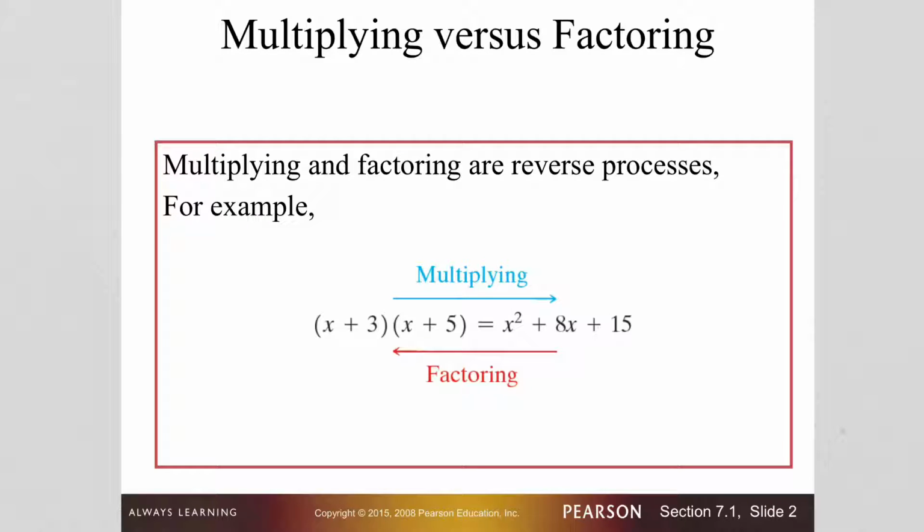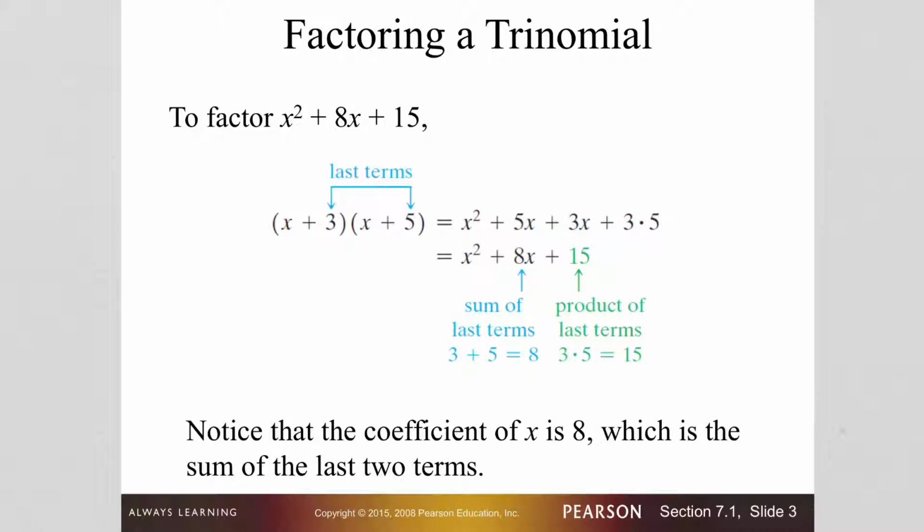Where we were last unit, multiplying these out to get this, now we're starting with this and turning it into that. So that's called factoring. I'm going to give you a second to read through this, and then I'm going to show you an example, and we will discuss how to work this problem.